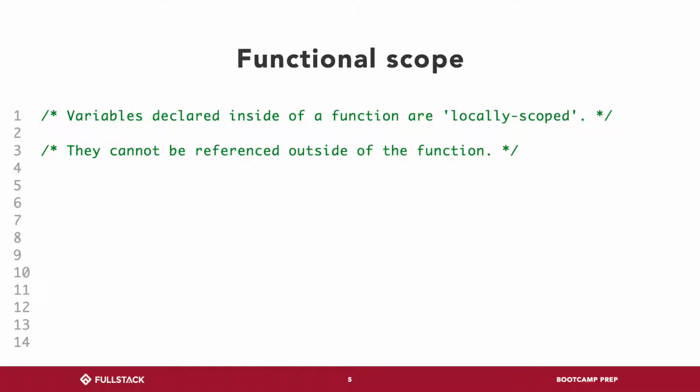Why this is so important, and why it's important not to pollute the global scope, is that if you set all your variables in the global scope, then you can't use that name again in some other way. That name is already reserved for that one value. Say you had a really common variable like total and you declared it in the global scope.